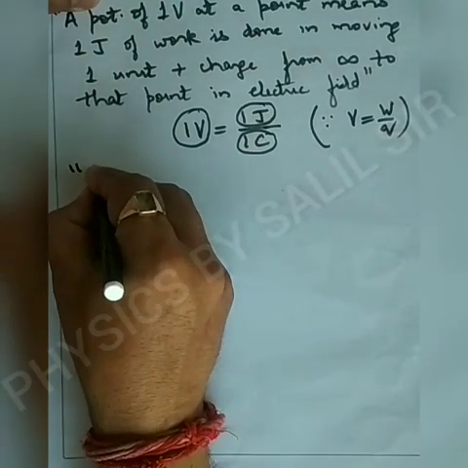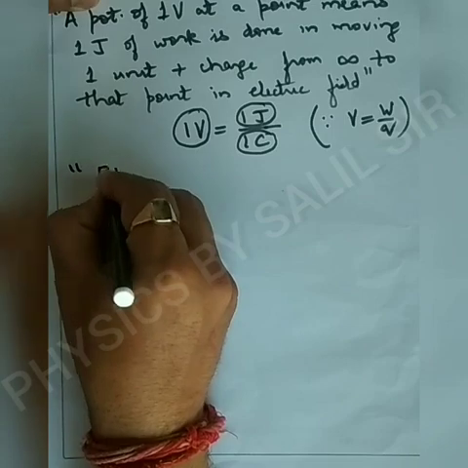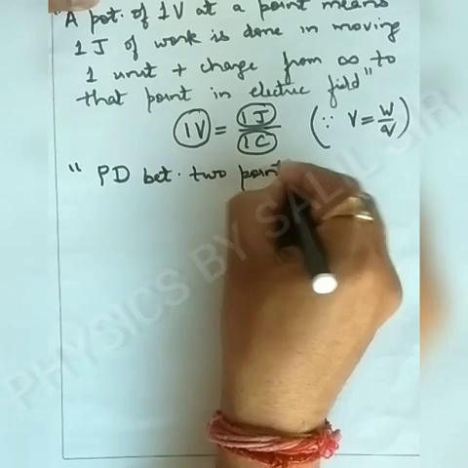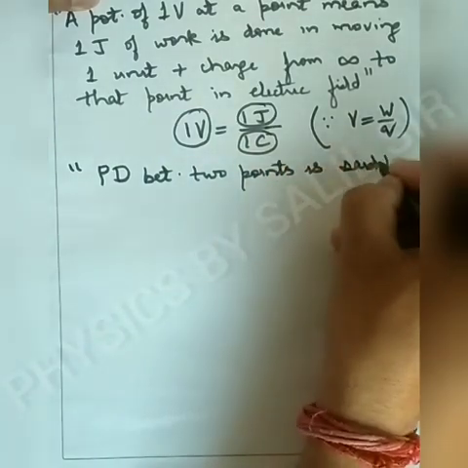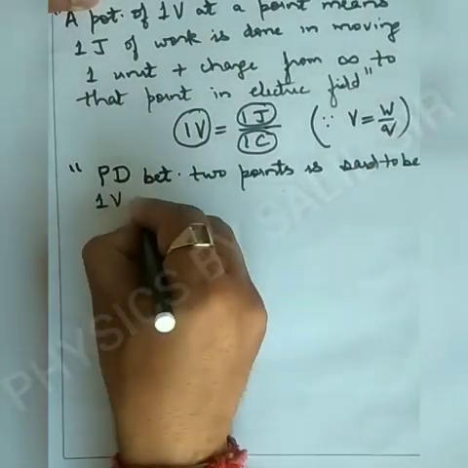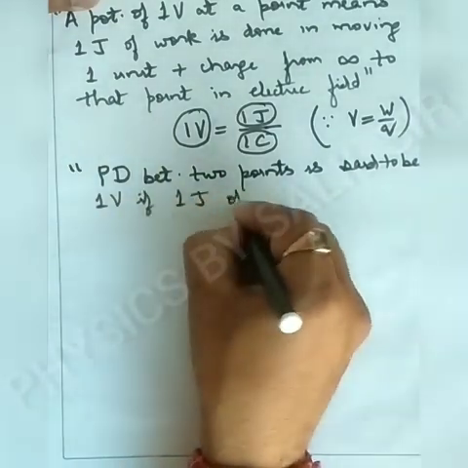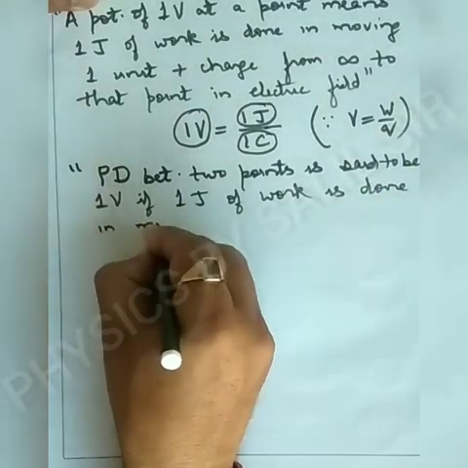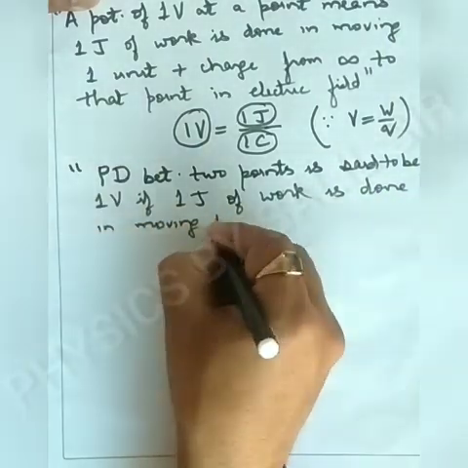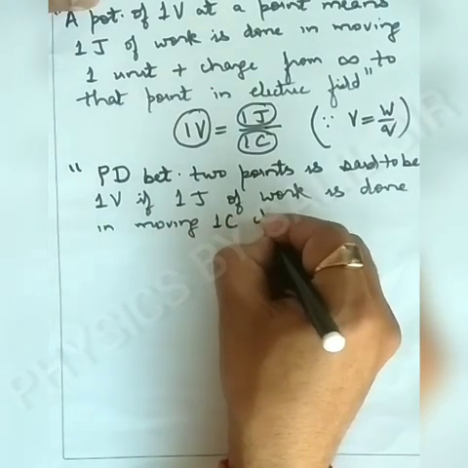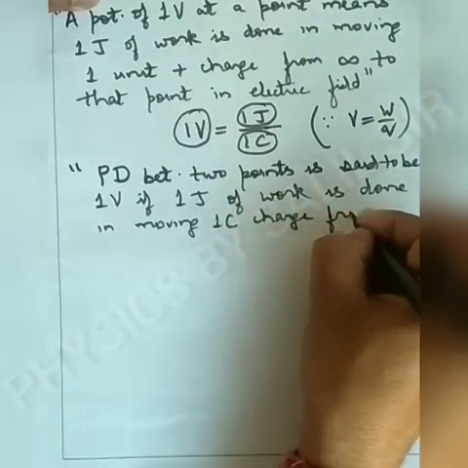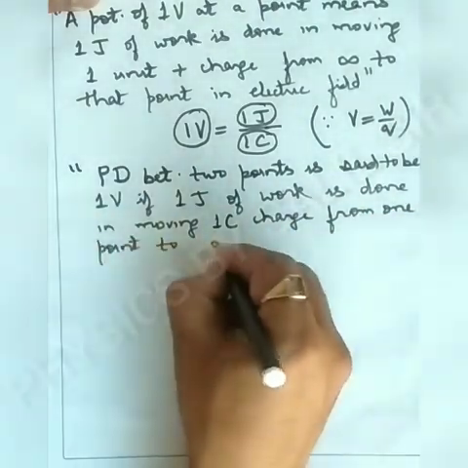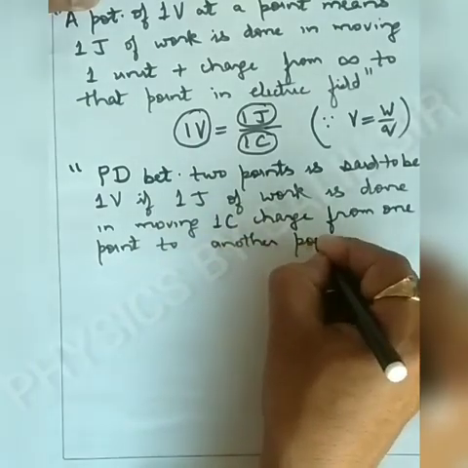Based on potential difference, the potential difference between 2 points is said to be 1 volt if 1 joule of work is done in moving 1 coulomb charge from one point to another point.